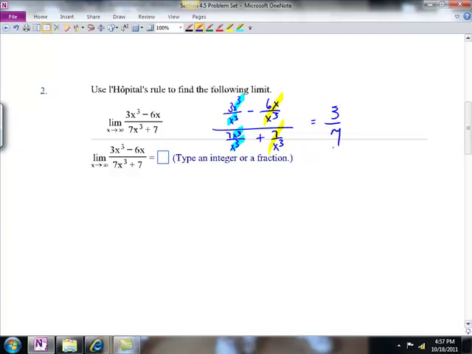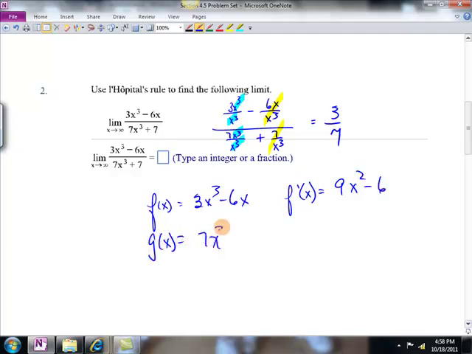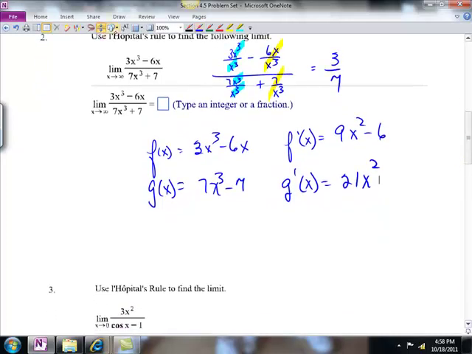But let's use the rule to do this. All right. If f of x is 3x cubed minus 6x, then f prime of x is equal to 9x squared minus 6. G of x is 7x cubed minus 7. Then g prime of x is 21x squared. And then let's continue.